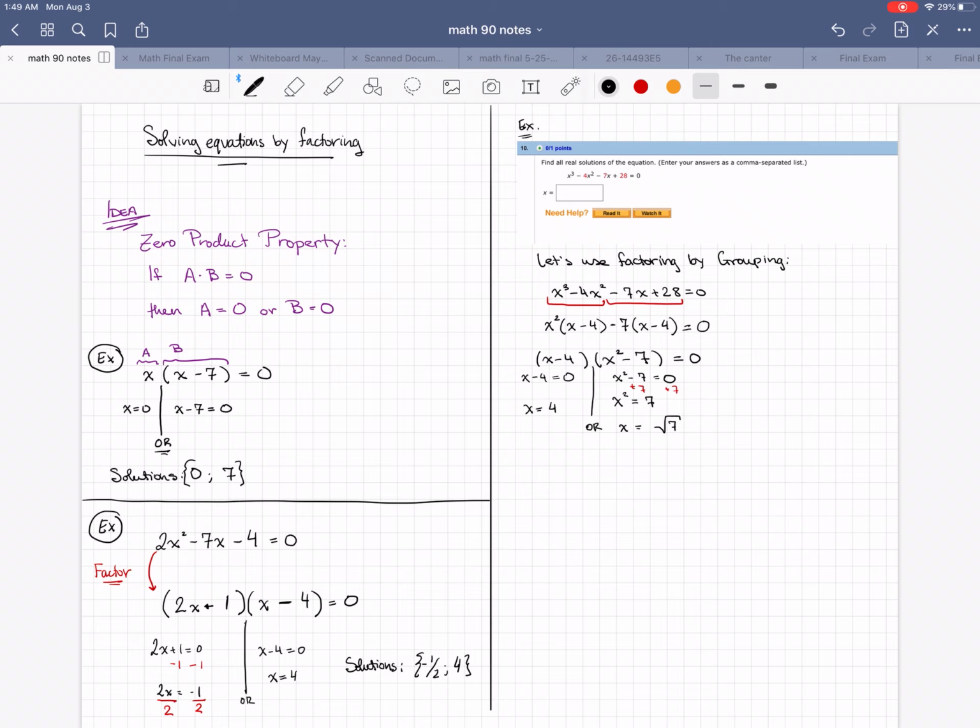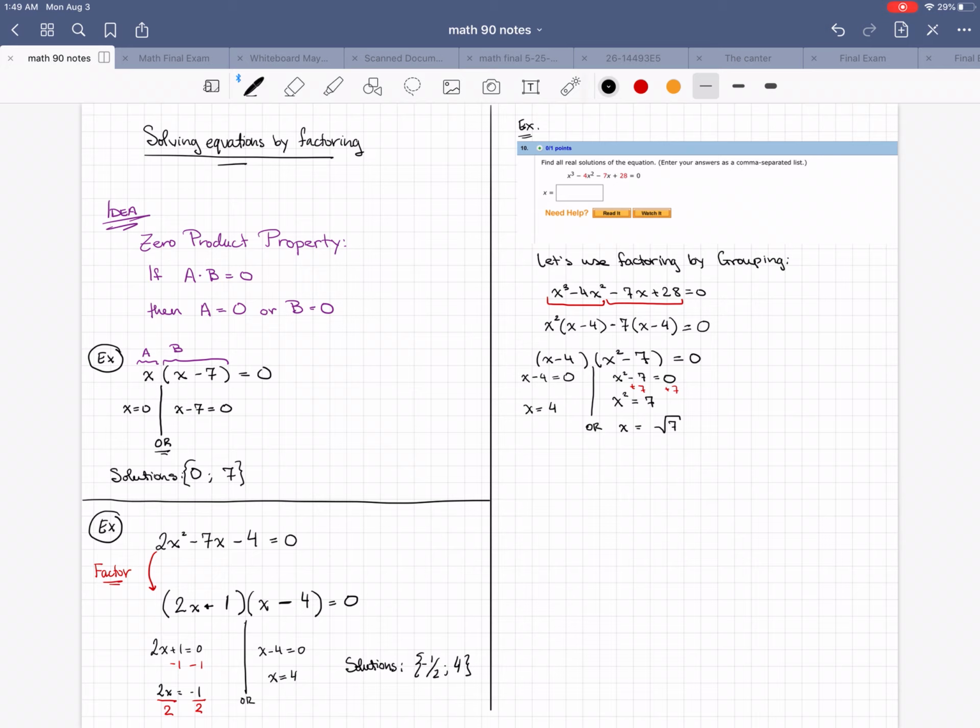The square root of 7. And the other thing I want to remind you of is that when you square a number, you're multiplying it by itself. So whether you're squaring a number or its opposite, the negative version of it, you're going to end up with the same thing.